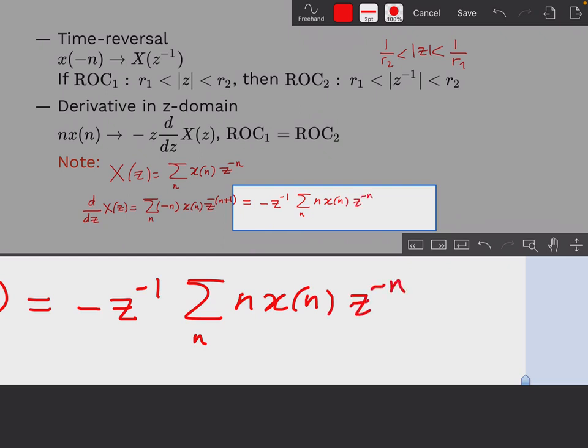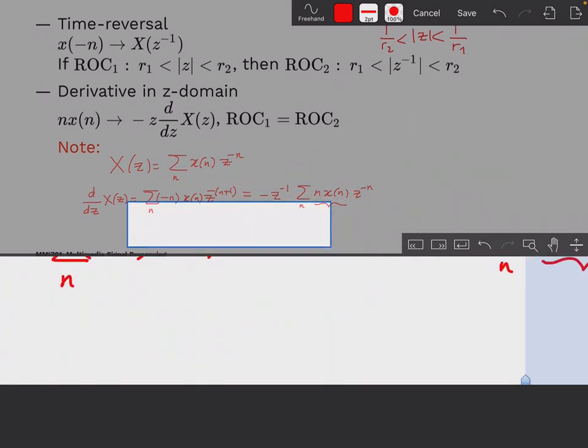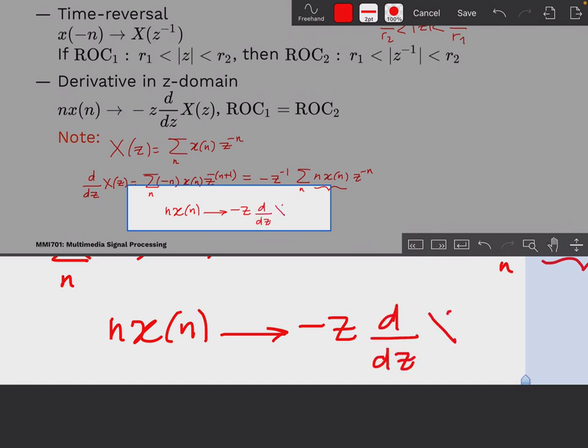So we now have a new sequence n x of n, which is going to show us that the Z transform of n x of n is minus z d over dz X of z.